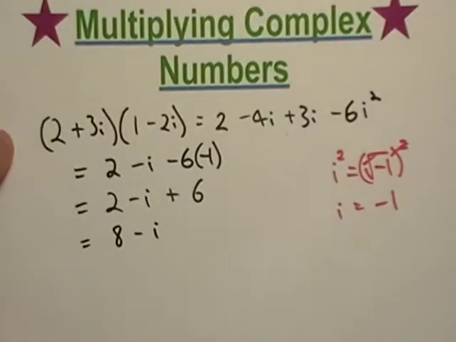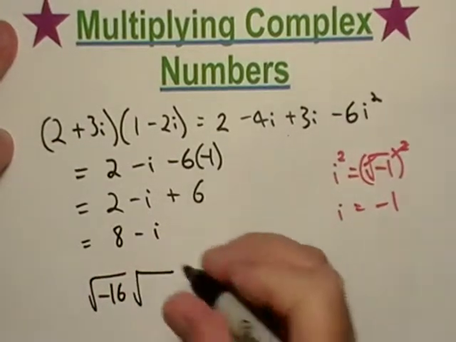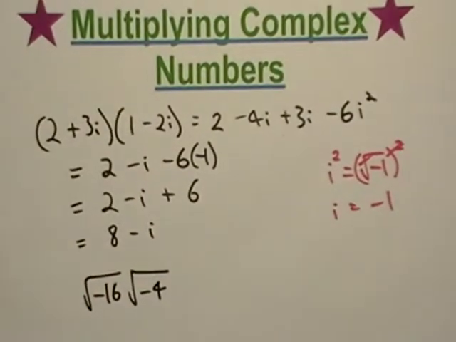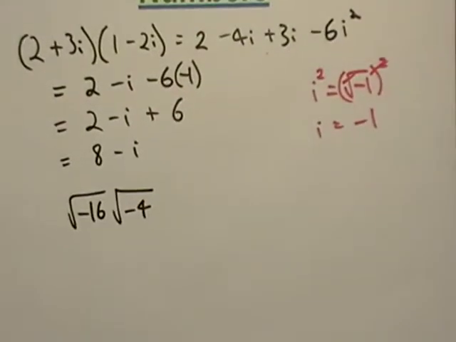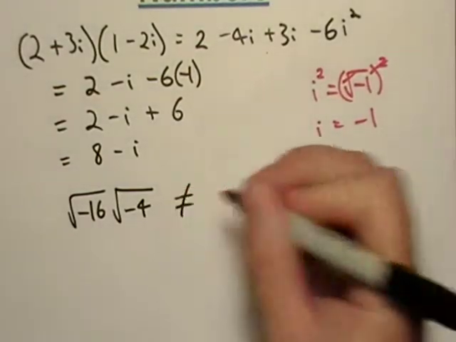Here's a complicated one now. You have the square root of negative 16 multiplied by the square root of negative 4. Okay, here is what not to do.